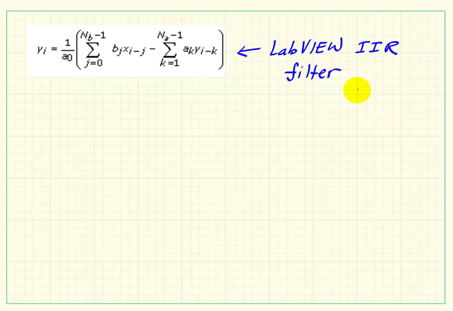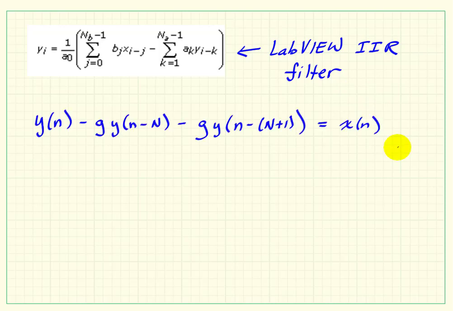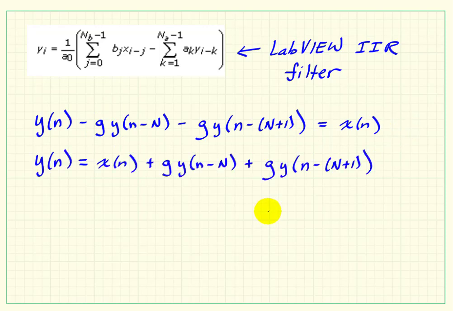If we compare what we see in the help file to the difference equation that we've derived for the Karplus-Strong algorithm, we can then begin to compare the coefficients and see what we need. So let me begin by writing it in a similar form, and observe that if A naught is 1, the equation starts to look more like what we see in the LabVIEW help.